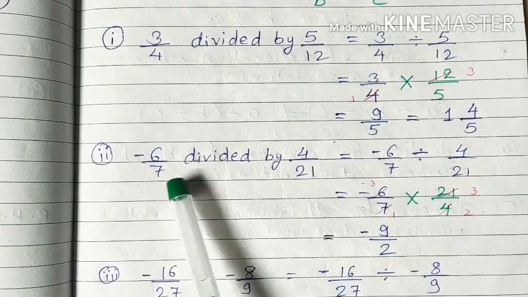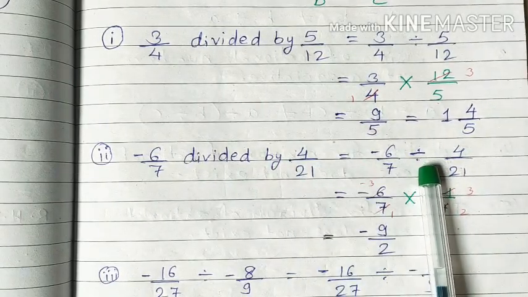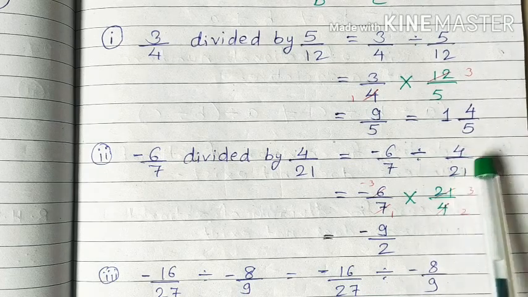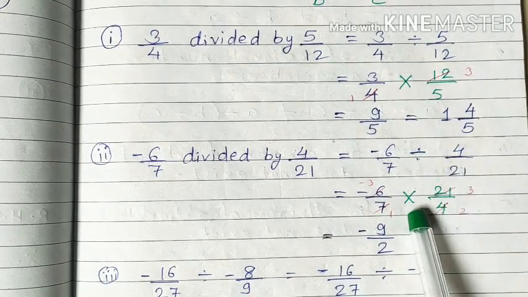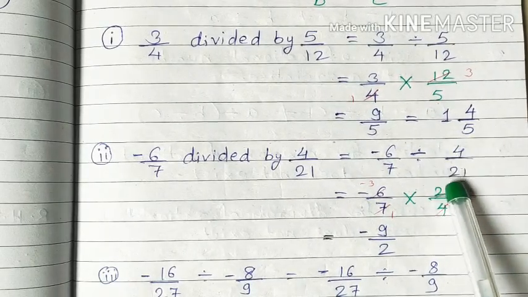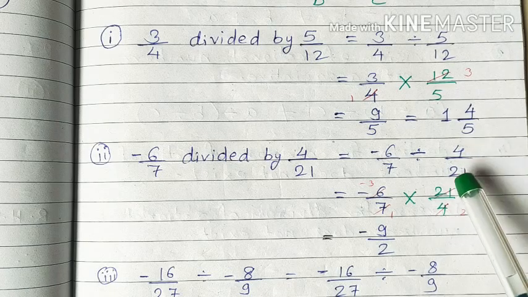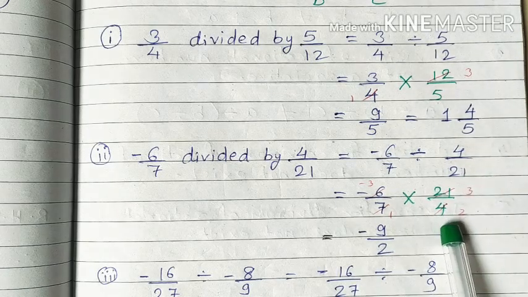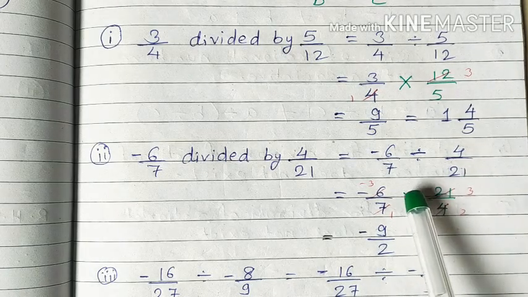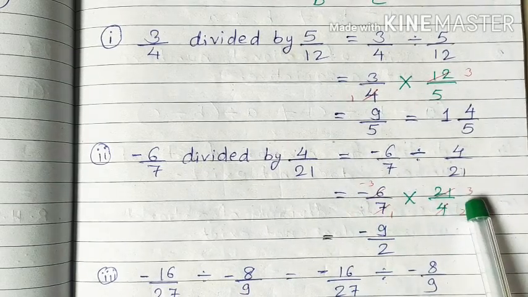Another second example is there. Minus 6 upon 7 divided by 4 upon 12. So write here the division sign, 4 upon 12. Convert the division into multiplication and make a reciprocal of 4 upon 12. So what will be the reciprocal of 4 upon 12? It will be 12 upon 4. Okay. Now it becomes a multiplication, so we can apply the rules of multiplication.